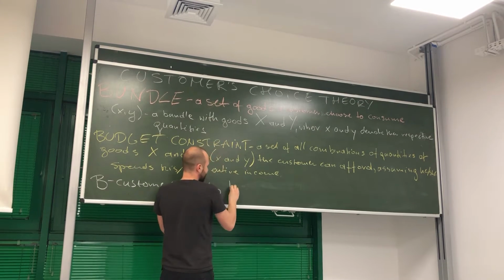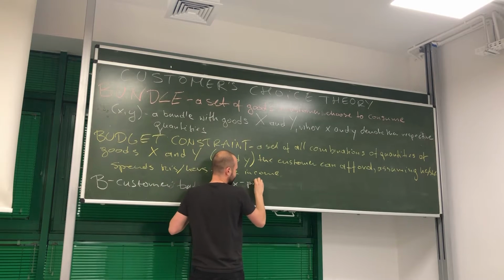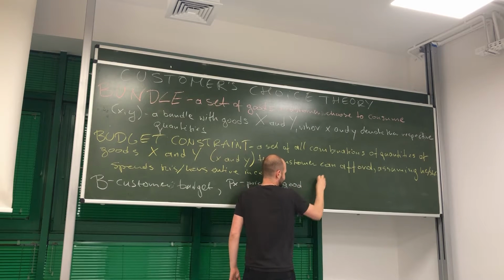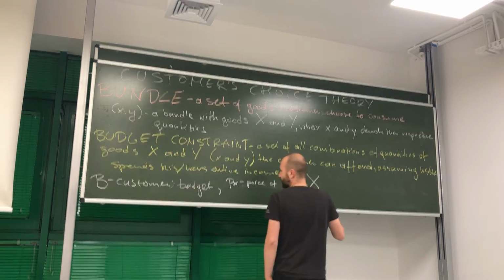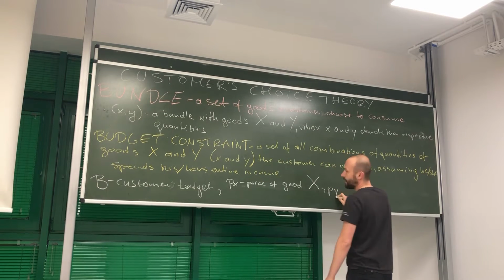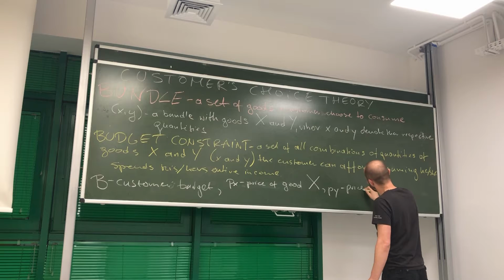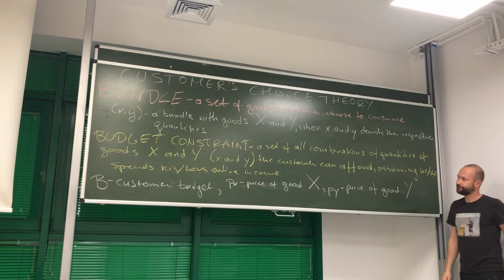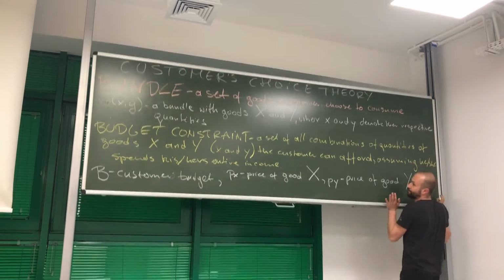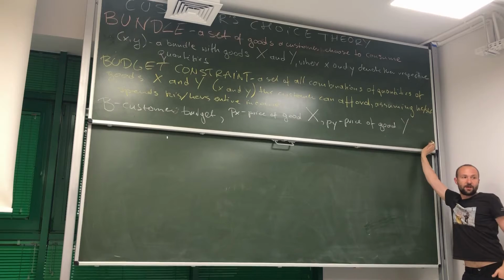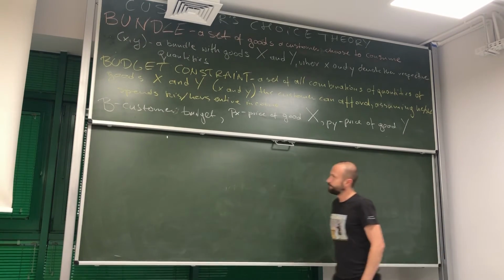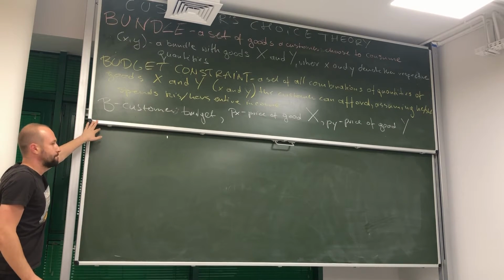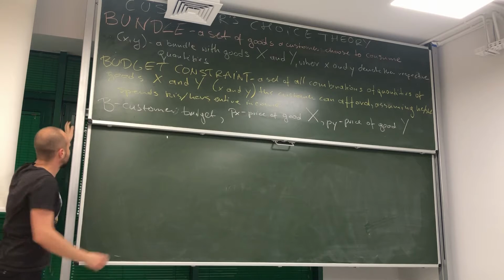Then PX is going to be the price of good X. And of course then we will have PY, which is the price of good Y. Now that we have those, we can put all of this together. The customer has budget B.